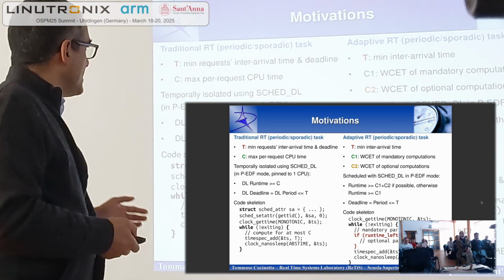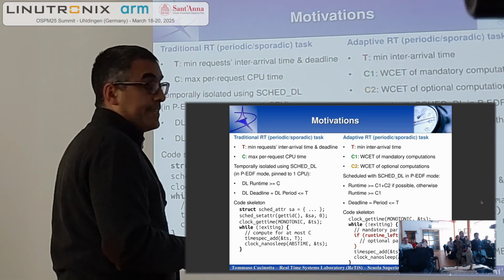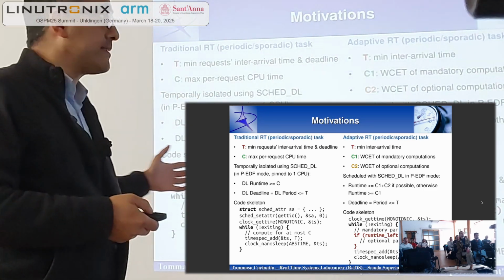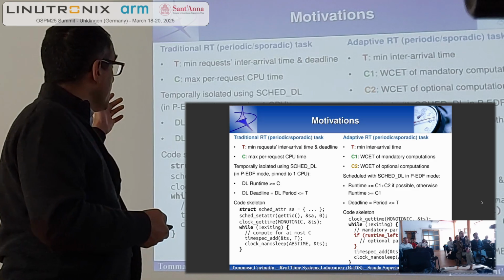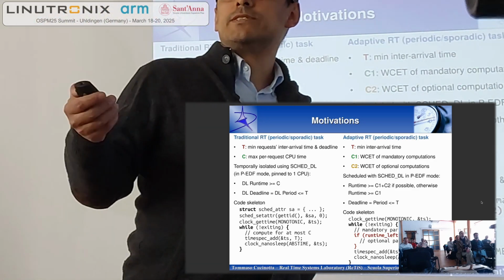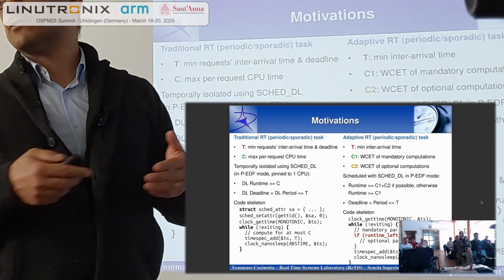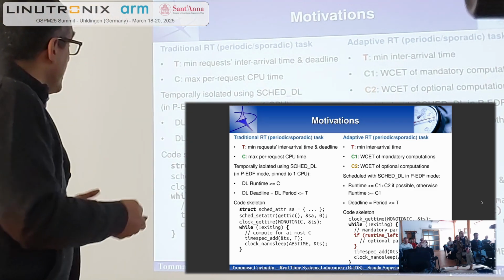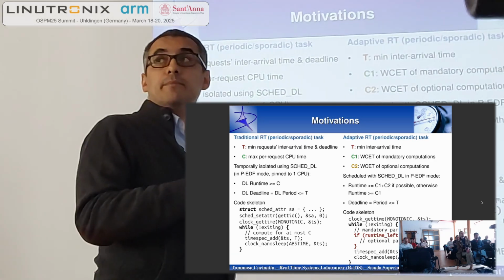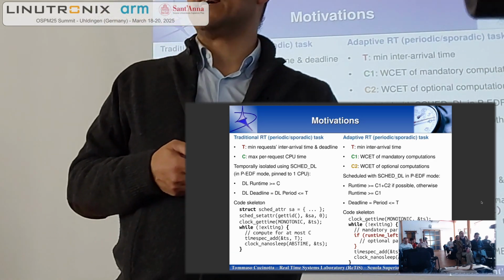And the way you normally address this, and you can use deadline to schedule this task, is to run it under deadline using a runtime that is greater than the worst case execution time of your task, and a deadline equals period that is lower than the minimum interarrival period of your task.